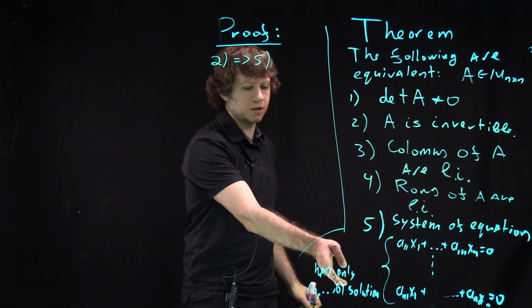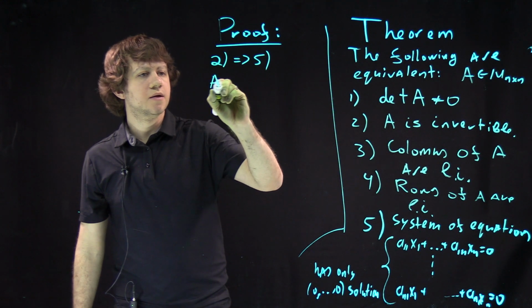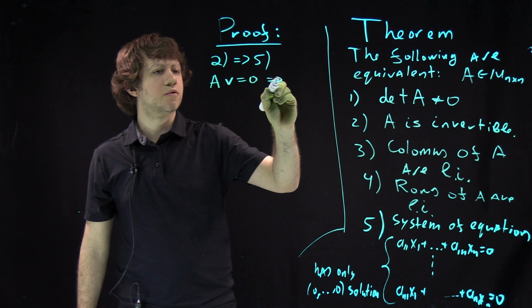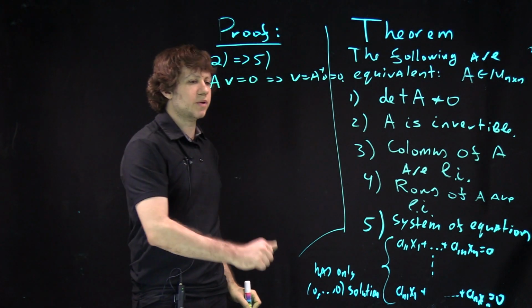The system of equations has only the 0 solution, and the reason is that your equation is actually just A times a vector equal to 0, and so if the matrix is invertible, then of course v equals A inverse times 0, which is 0. So 2 indeed implies 5.